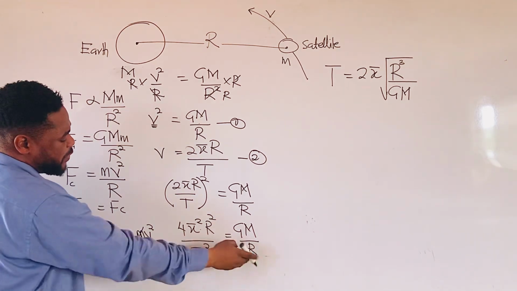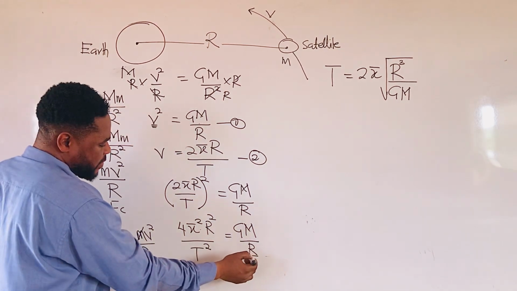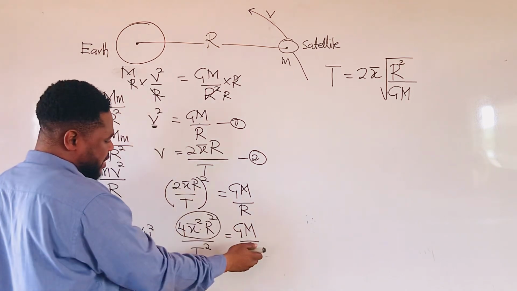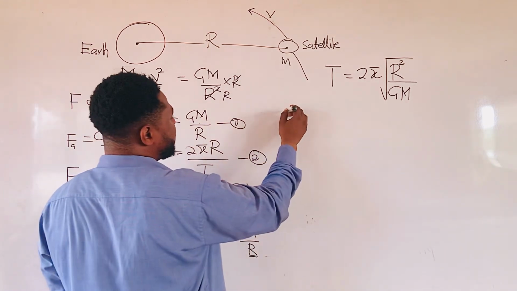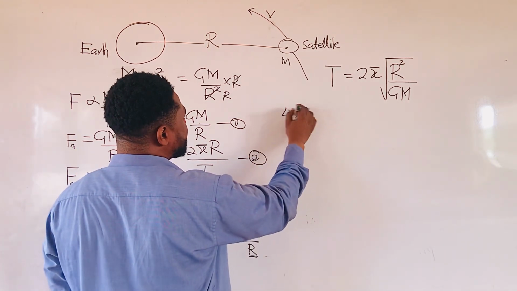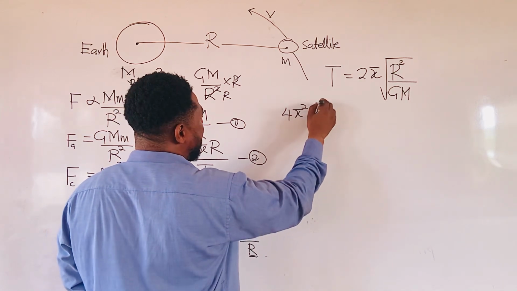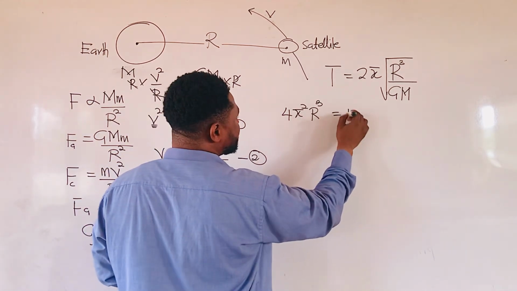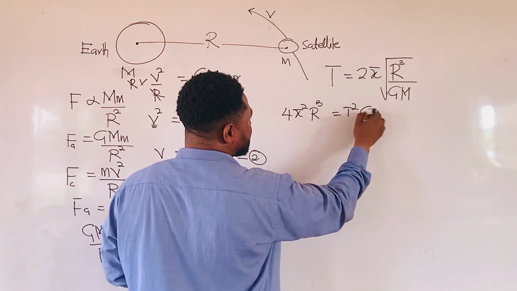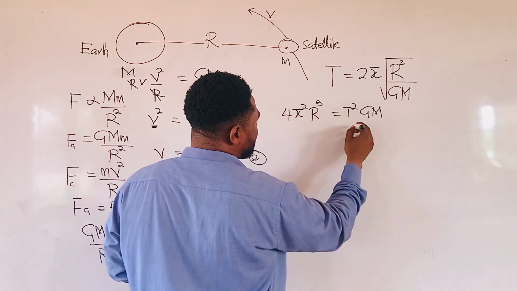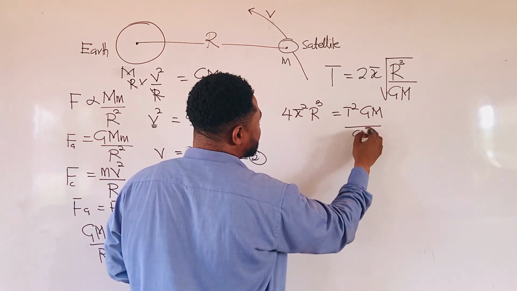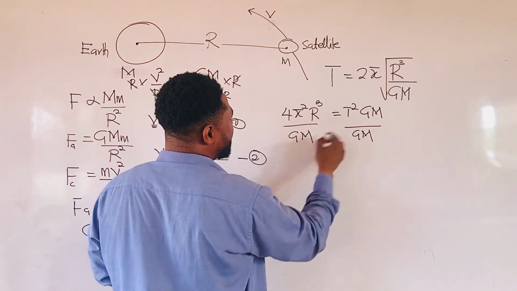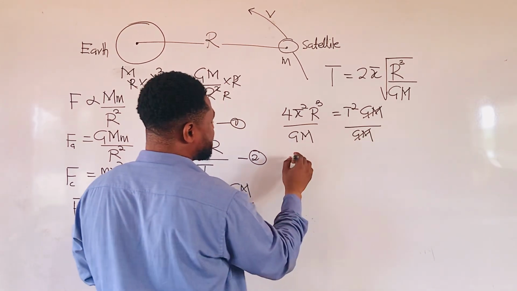Viewers, we are going to perform cross multiplication, where this will multiply the whole of this, and this multiplying this. Viewers, we have 4 pi squared R cubed should be equal to T squared GM. We divide both sides by GM. This will cancel this.